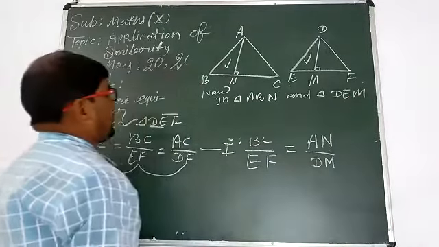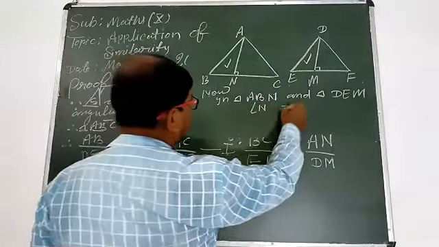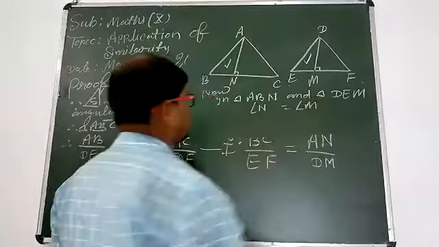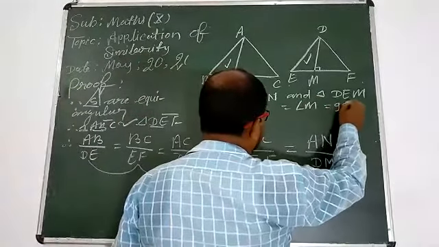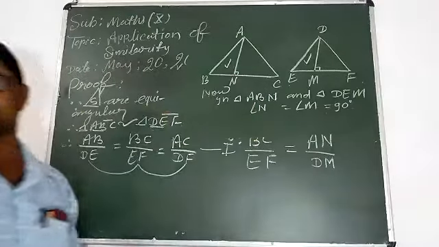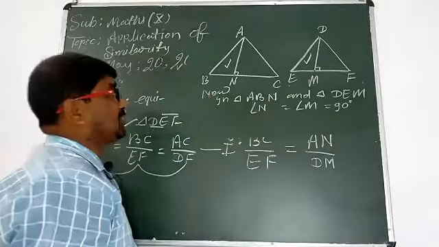Find the correspondence first of all. Angle N equal to angle M. But why? Equal to 90 degrees, because the altitude is given. Angle N equal to angle M equal to 90 degrees.